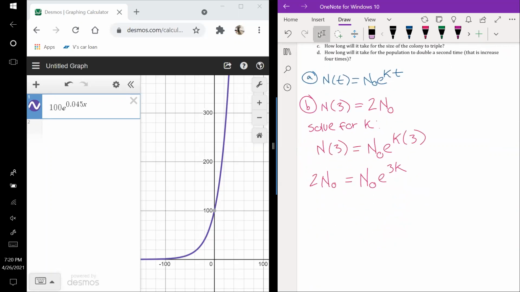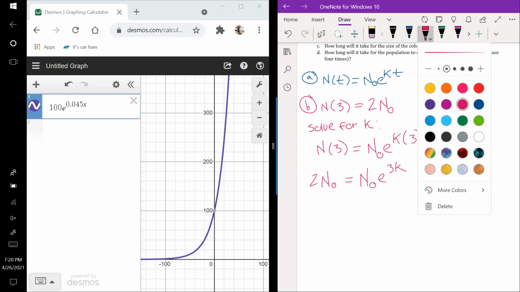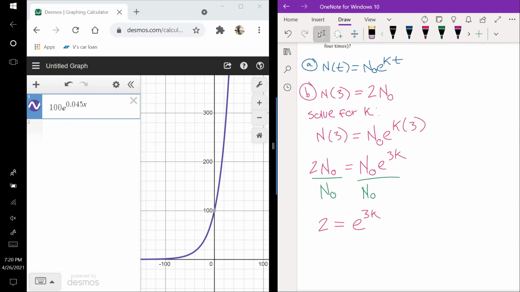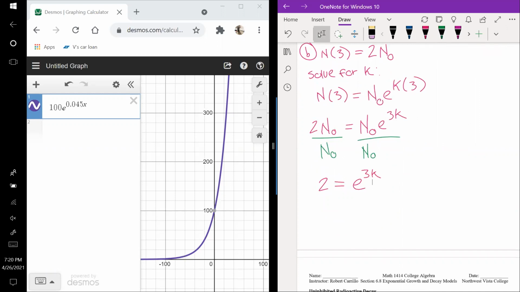And then just solve for K. So what we're going to do here is divide by N initial. Your N initials will cancel, and you'll get 2 equals E to the 3K. Now just convert from exponential to log.